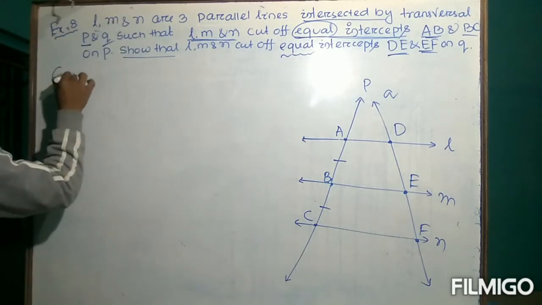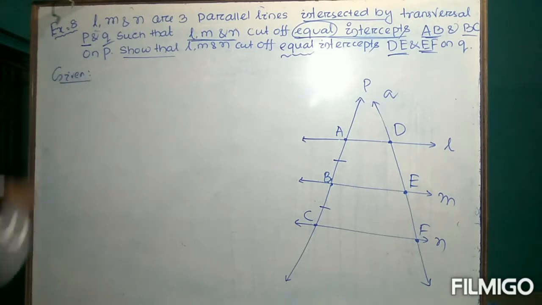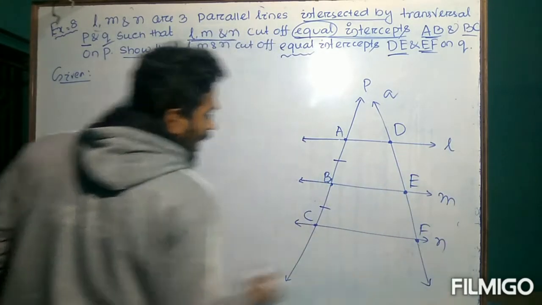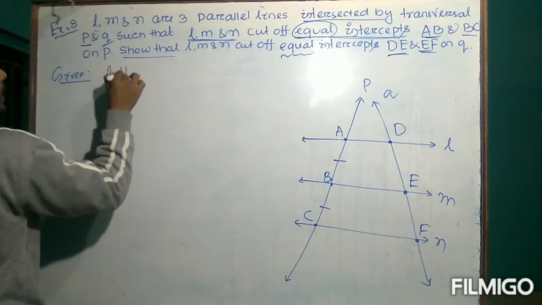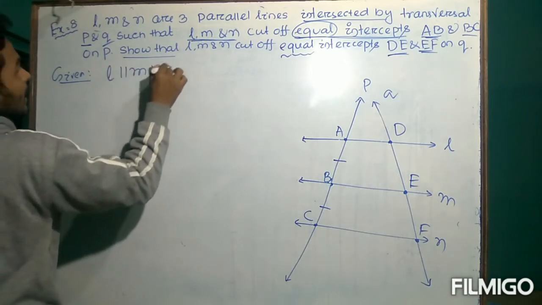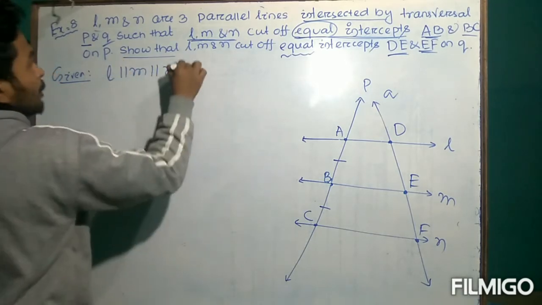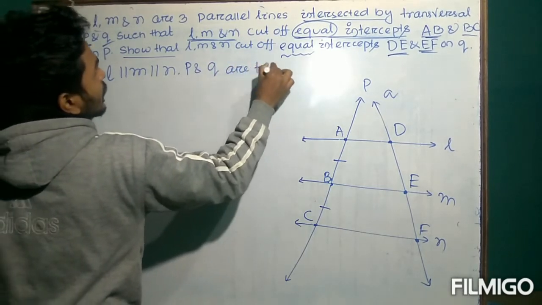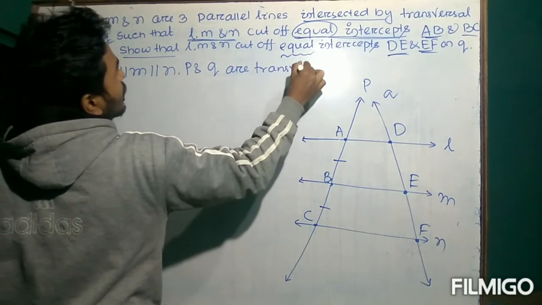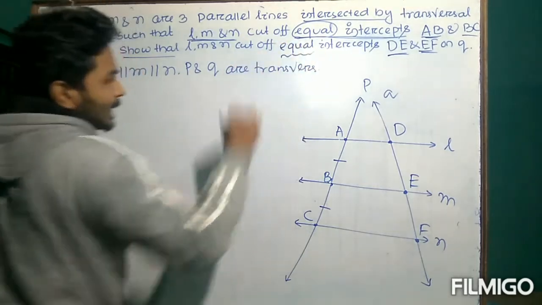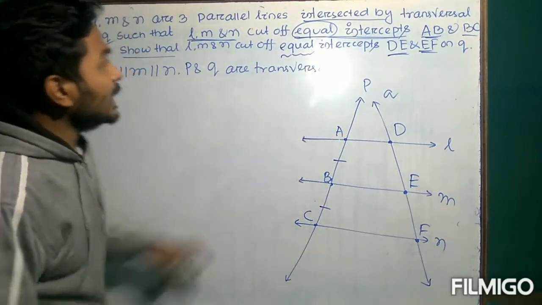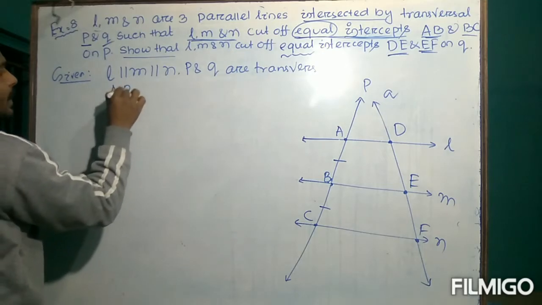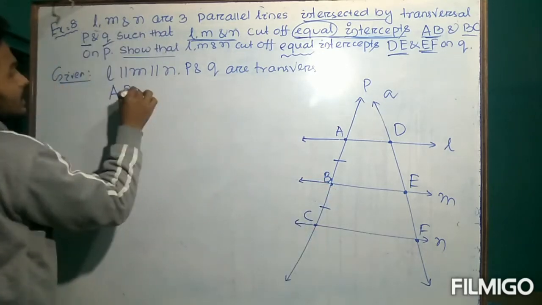It is given that line L is parallel to line M is parallel to line N. L parallel to M parallel to N. Clear? P and Q are transversals. Then the intercept AB is equal to BC.